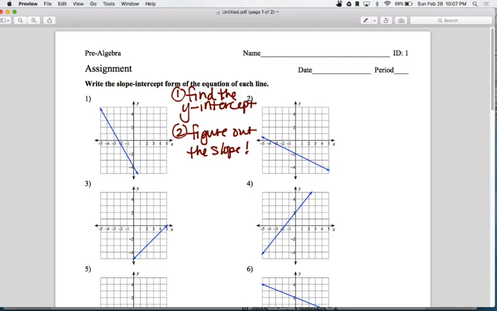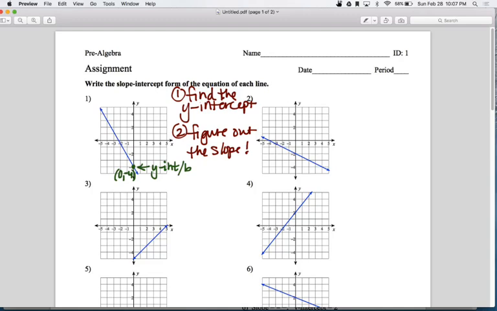So the y-intercept is where the line crosses the y-axis, or it's the b. So it crosses the y-axis at 0, -4.